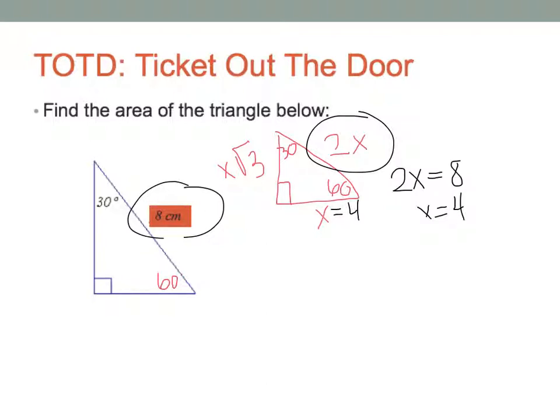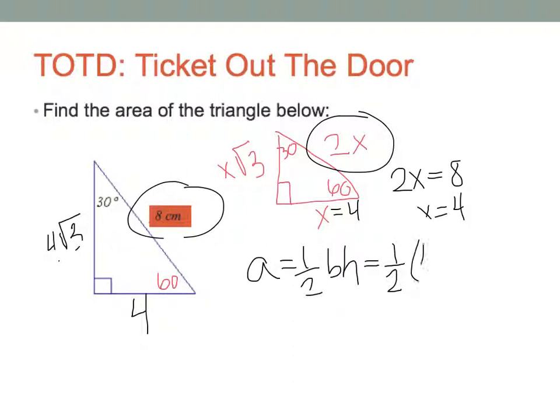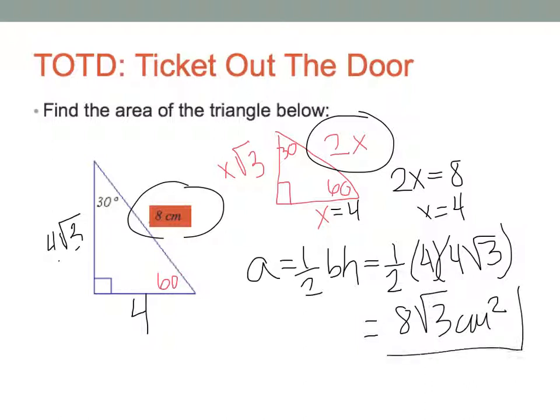So if this is 4, I'm going to stick my 4 here. And I also know that this then is going to be 4 root 3 instead of x root 3. So to find the area of a triangle, it's 1/2 base times height, which is 1/2 times 4 times 4 root 3. And we simplify that and we get 8 root 3 centimeters squared.